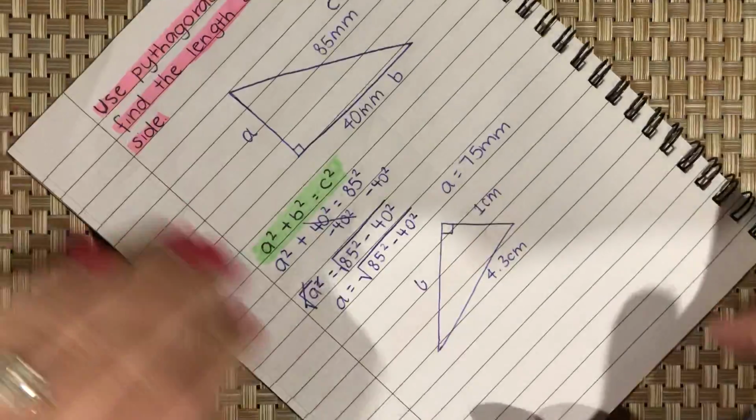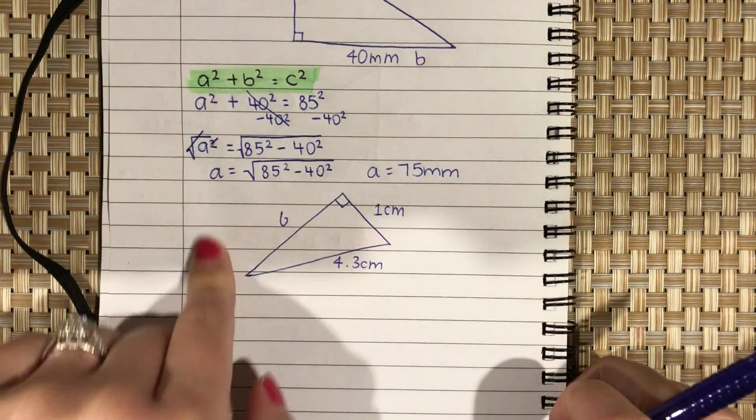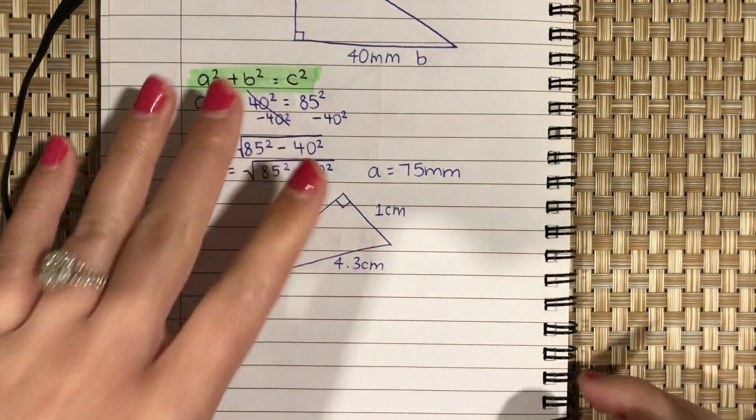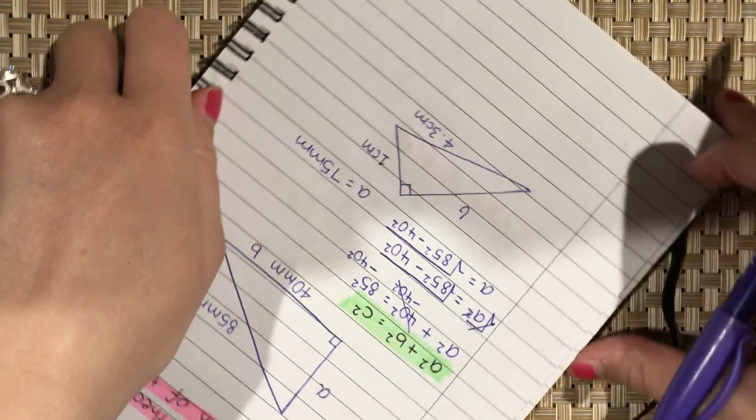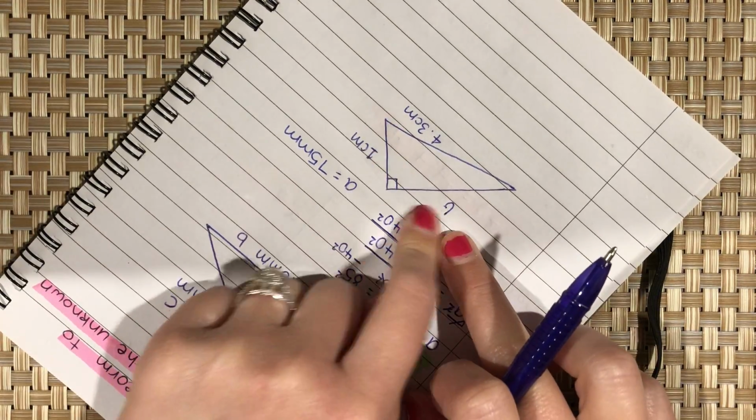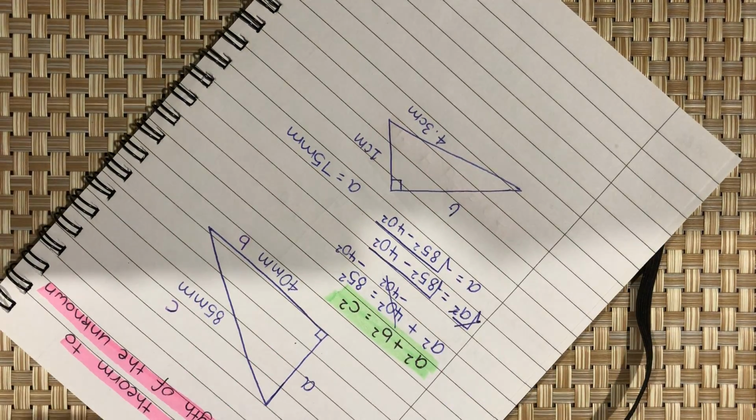If you're perfectly fine figuring out your sides by looking at it like this, go ahead. But if you're struggling to visualize things, move your piece of paper until it's the way that you like to see it.